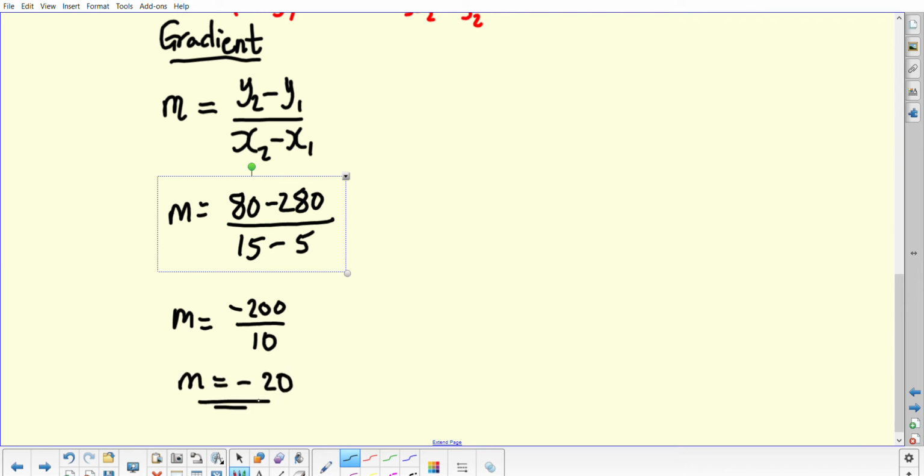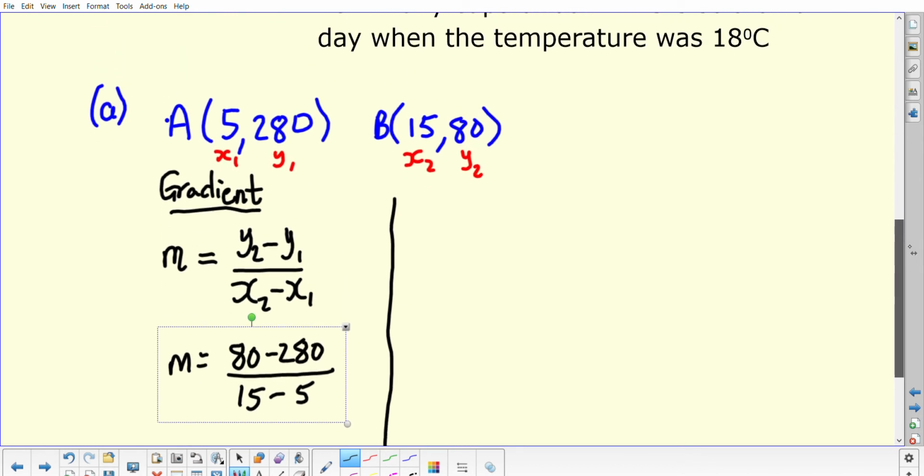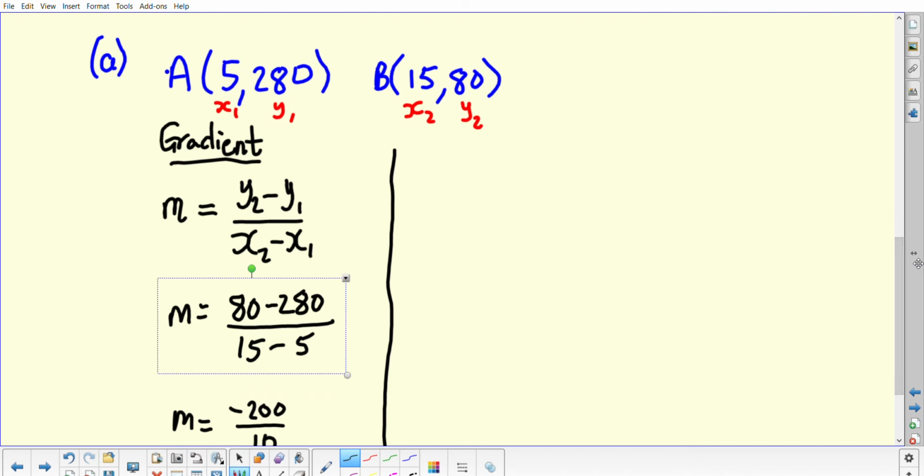We need to make sure that we simplify that and don't leave it as negative 20 over 1, just negative 20. Now what I need to do is decide which of the points I'm going to use. I can use either A or B, it doesn't really matter. I'm going to use point B, but I could have also used point A.